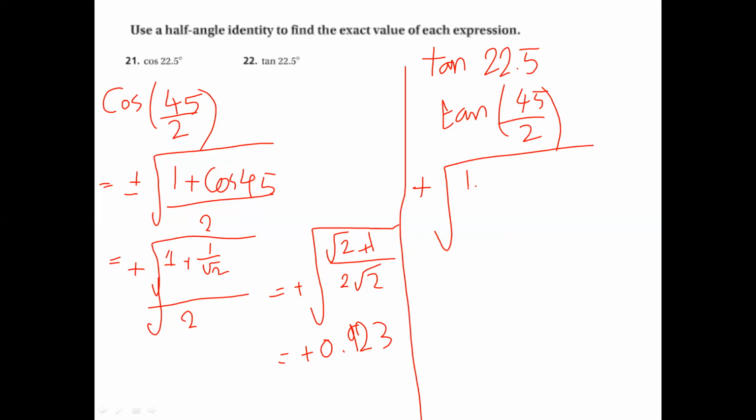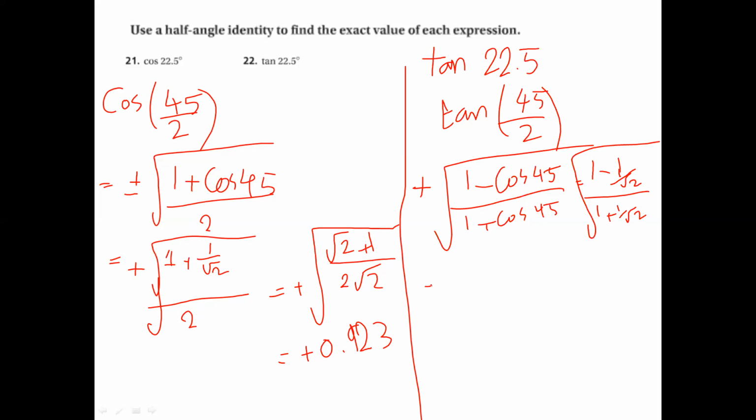Square root of 1 minus cosine 45 over 1 plus cosine 45, which is 1 minus 1 over square root of 2 over 1 plus 1 over square root of 2, under square root. It will be square root of 2 minus 1 over square root of 2.